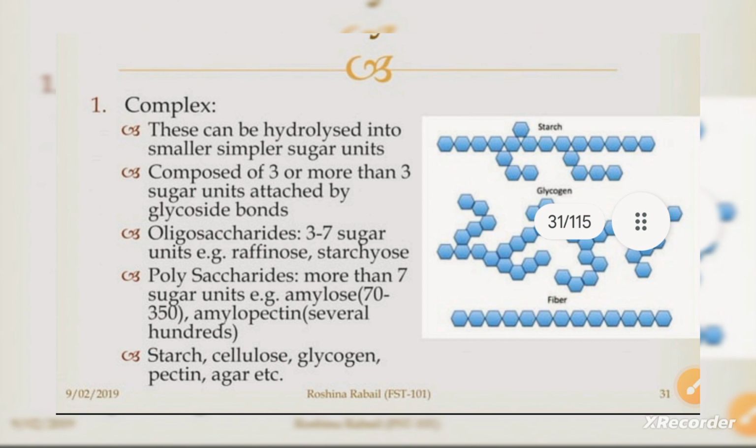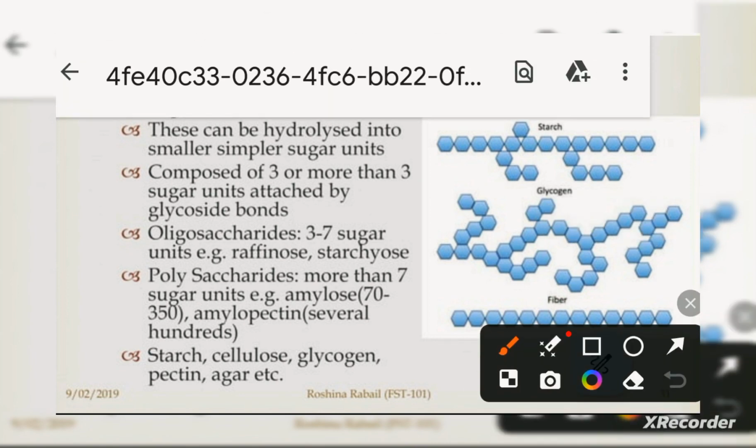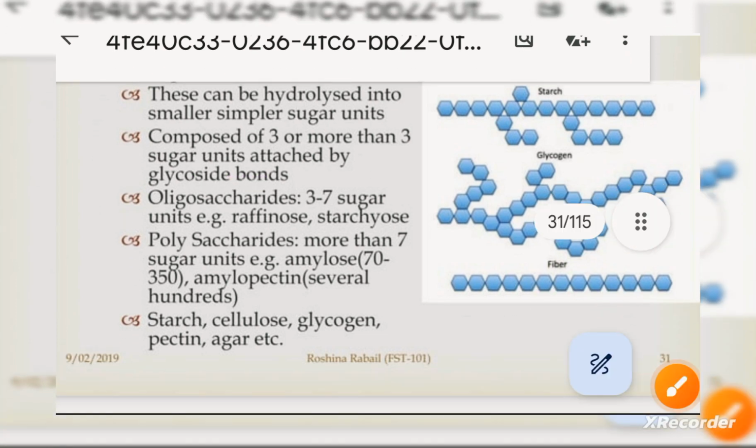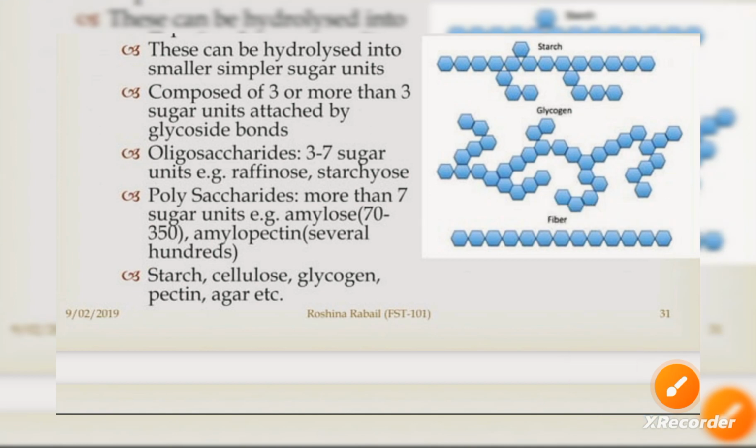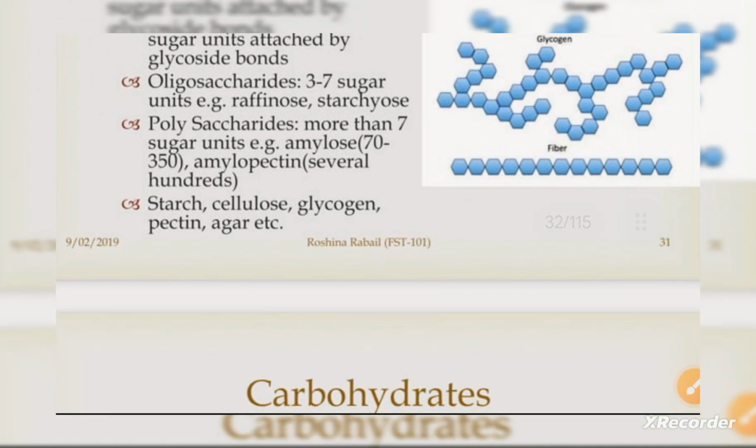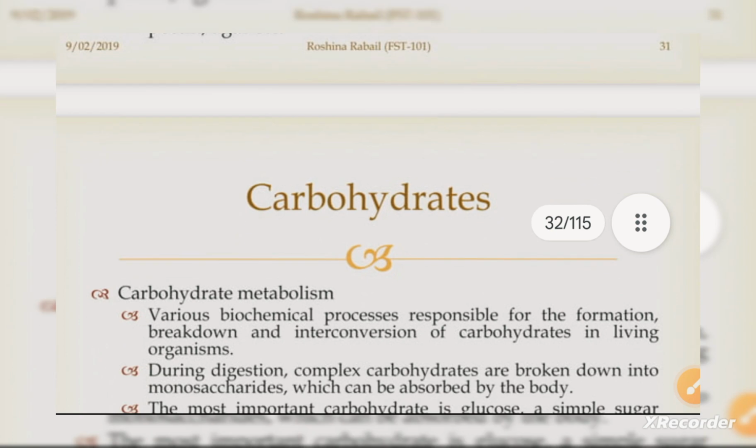Complex ones can be hydrolyzed into simple sugar units, composed of glycosidic bonds, as I told you. Between 2 monosaccharides, the bond present is a glycosidic bond, the glycosidic linkage. Clear?